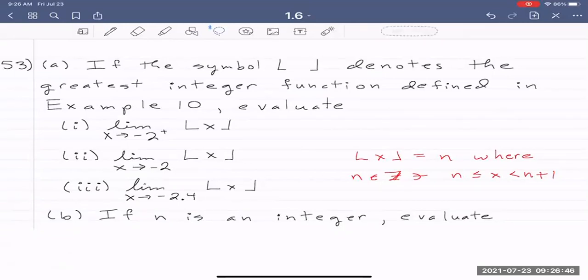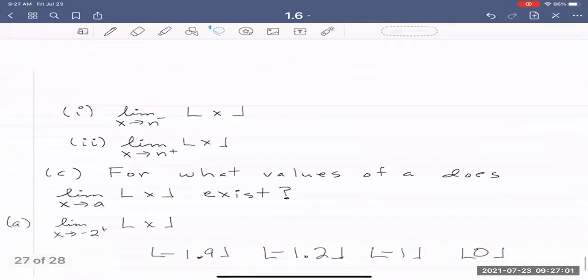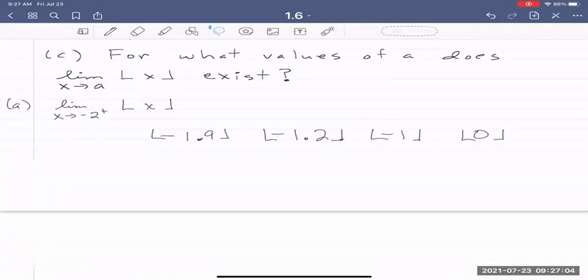The floor was any integer n where x was between n and n plus 1. So I have here the floor of x is equal to n, where x is between n and n plus 1, and it could possibly equal n.